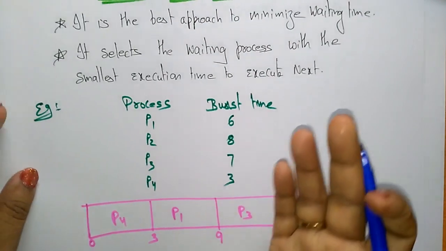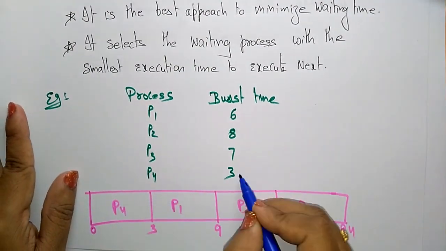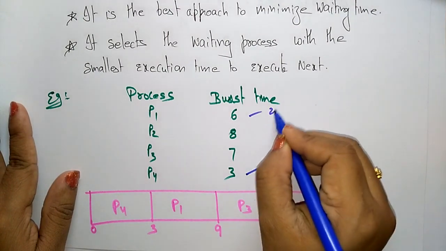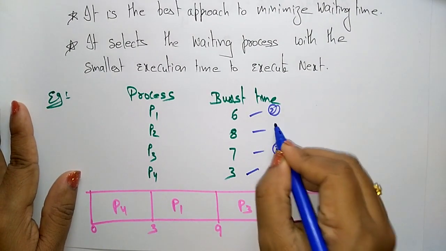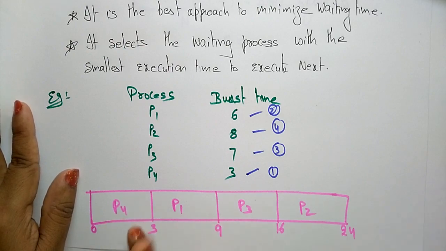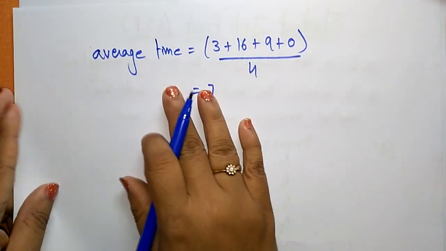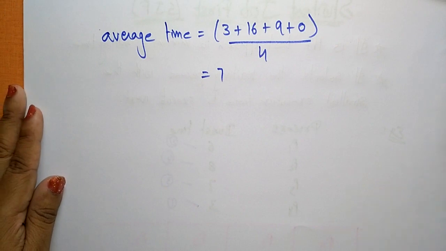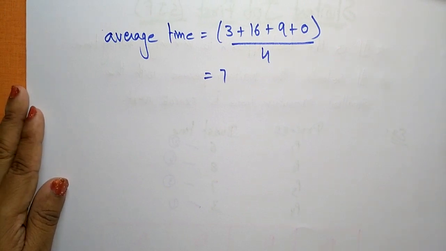It's a simple thing: you select the shortest job first, then the second, third, and fourth. Just select those processes and add the burst times to know the waiting times. If you know the waiting times of all the processes, then you can calculate the average waiting time. Here you can come across some disadvantages.